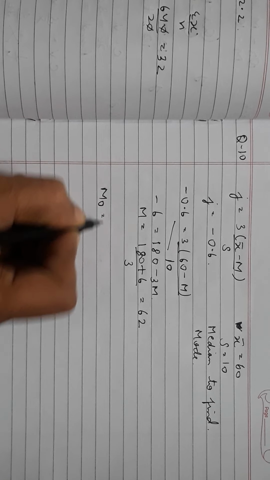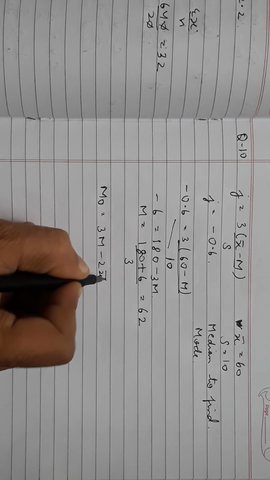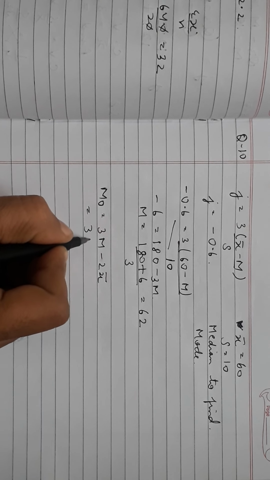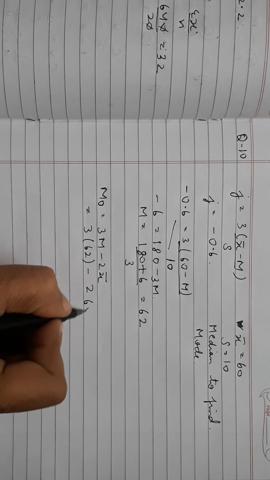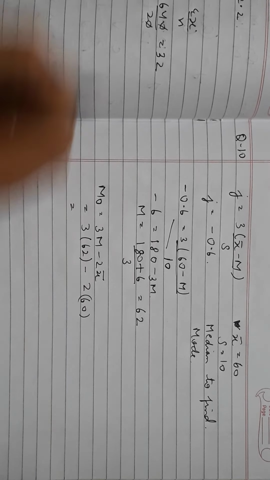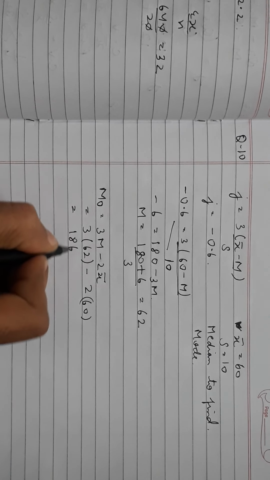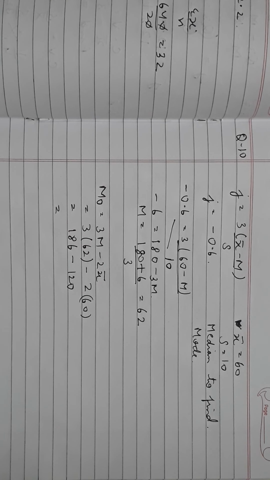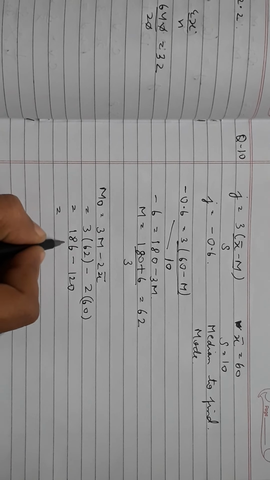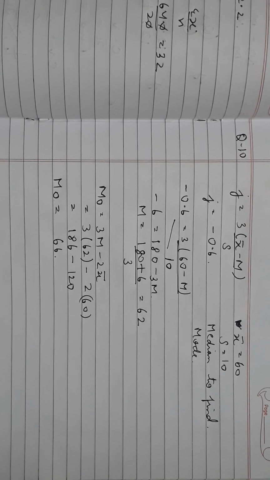Mode is equal to 3 median minus 2 x bar. 3 into the median value 62 is 186, minus 2 into the x bar value 60, that is 120. So the value for mode is 66.